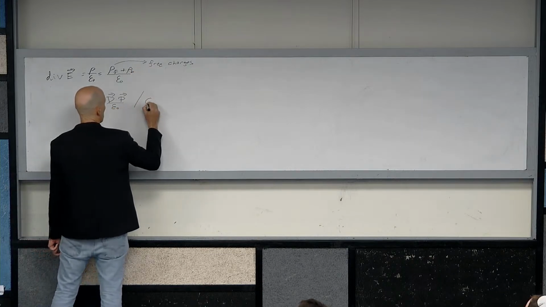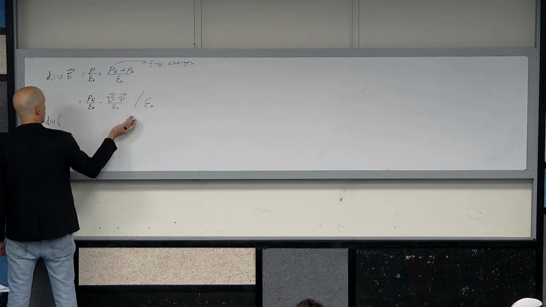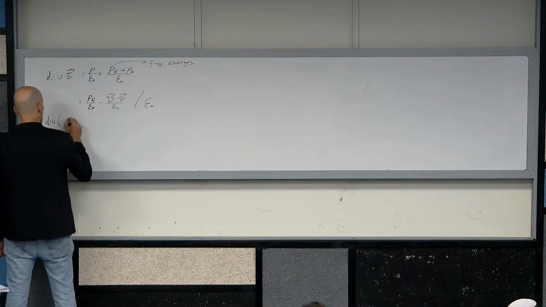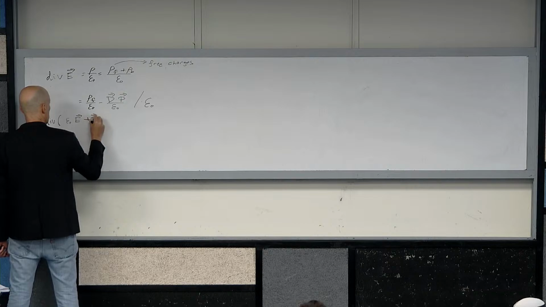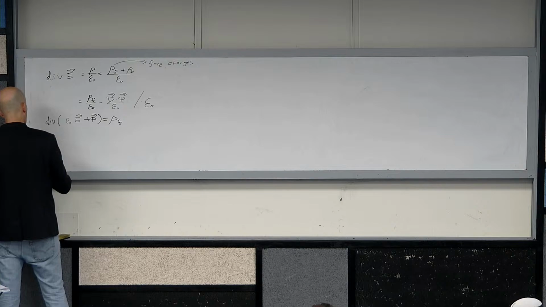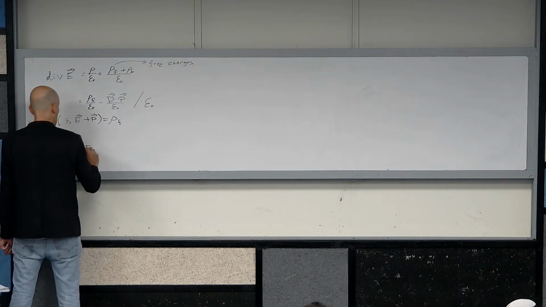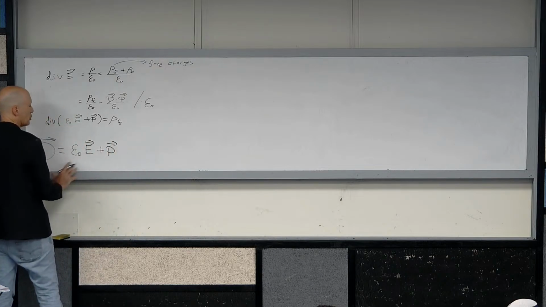Now let us multiply by epsilon 0, and then let us write it like this, div. I'm going to take this P to the other side, so we have div of epsilon 0 E plus P equals rho F. Now what I'm going to do now, I'm going to define D, this is the definition of the displacement field, as a combination of the two fields that you are familiar with.